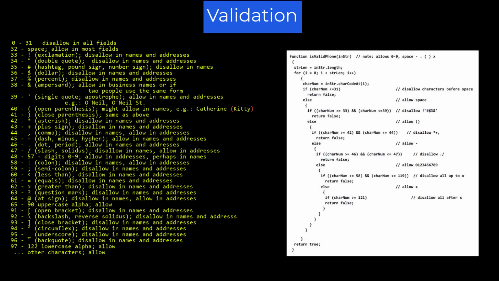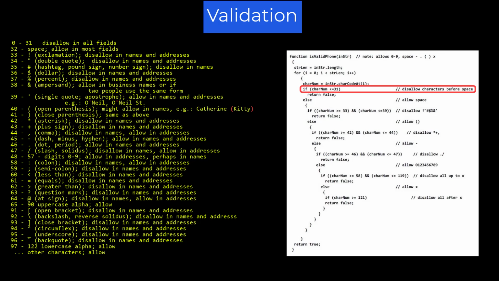It's structured pretty much like the previous example. Here we call our function isValidPhone, and we're going to pass the value from the phone number input element. And here's a comment specifying what characters we're going to allow. And then we walk through the string as we did before.